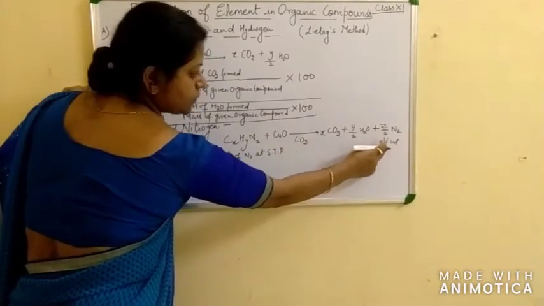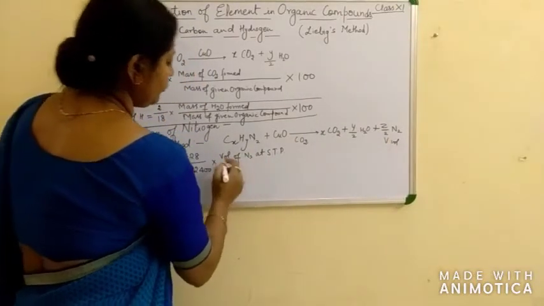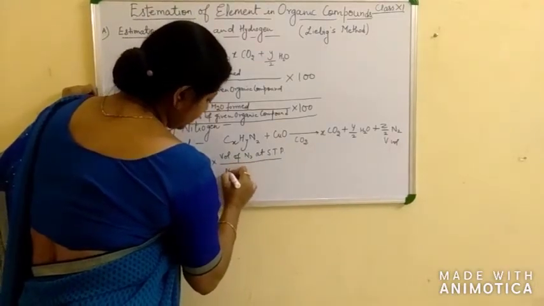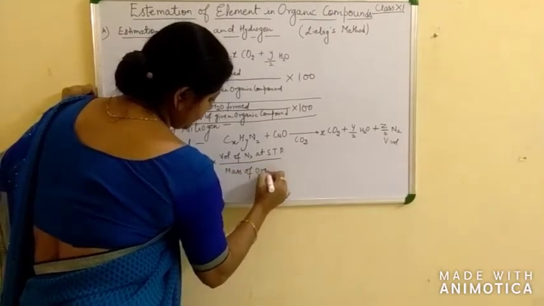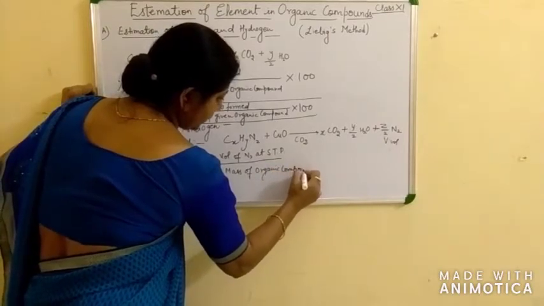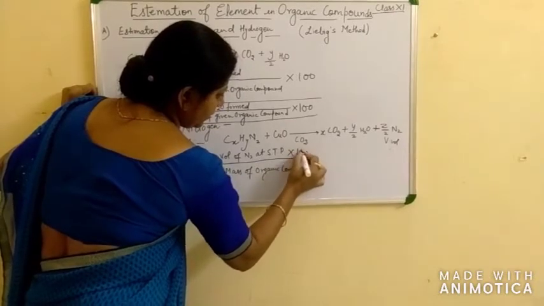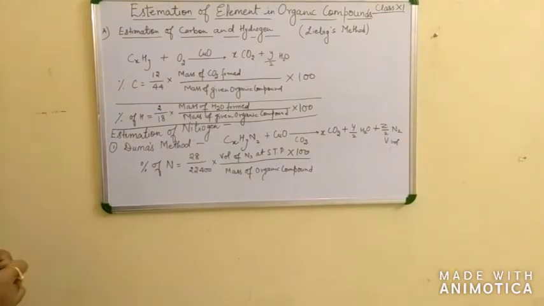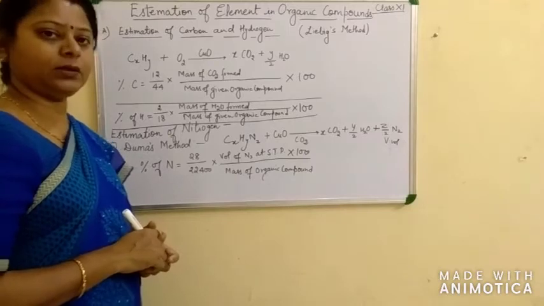We have converted this volume by using the gas law. That volume we put here, and then we write down the mass of the organic compound. And because we are calculating the percentage, we multiply it by 100. So this is the method to calculate the estimation of nitrogen by using the Dumas method.